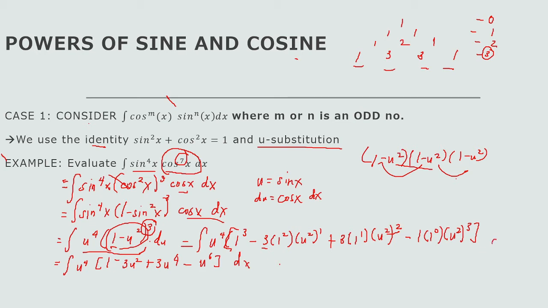We forgot du rather. So we are going to distribute. That's u to the power of 4 minus 3u to the power of 6 plus 3u to the power of 8 minus u to the power of 10, du.